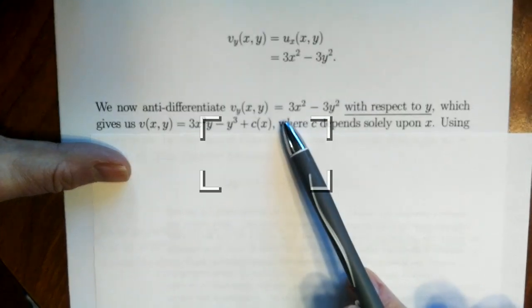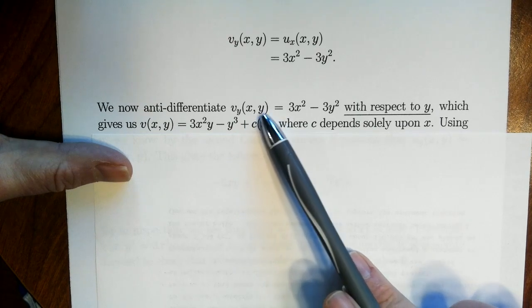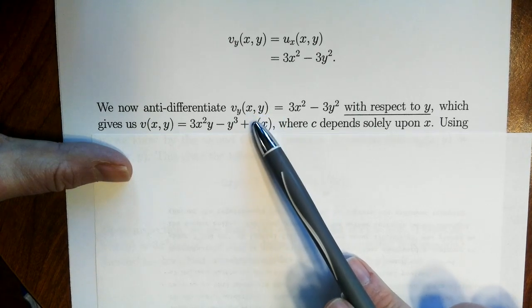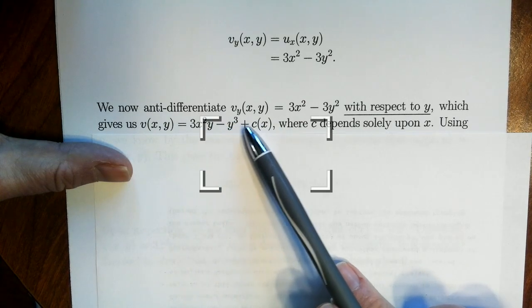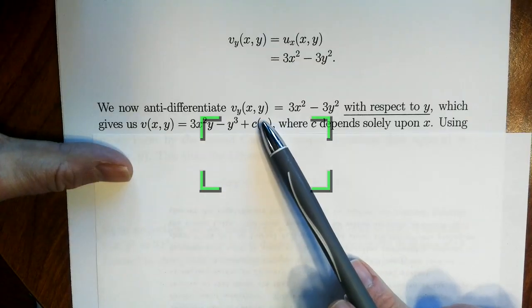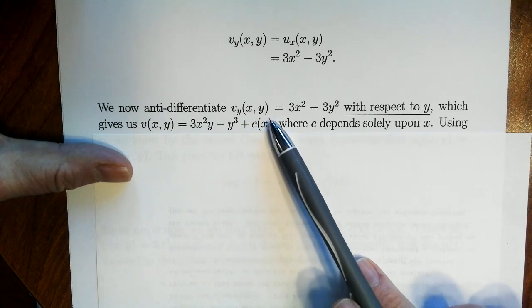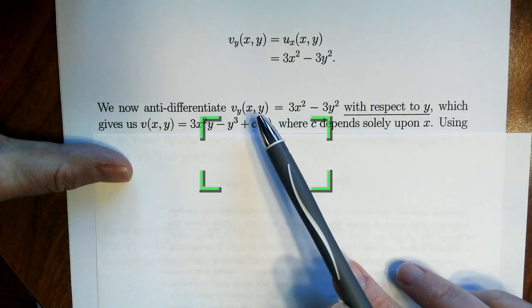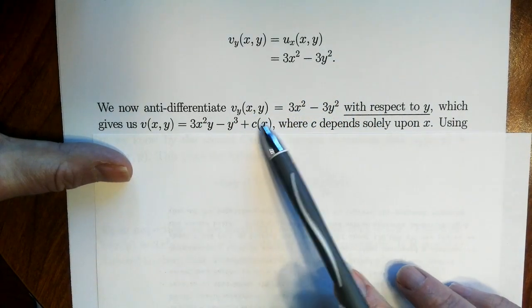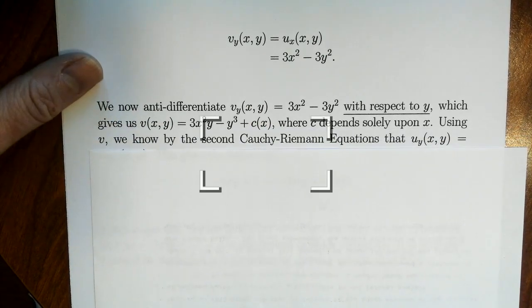But then we have to add a constant, and we need to be careful here because this constant could depend upon x. For example, if we had 3x squared y minus y to the third plus x, or sine of x, or e to the x, and we took the partial with respect to y, the derivative of this would go away. So we have to keep in mind that there's a term here, c of x, that depends solely upon x. So that's what v has to be.